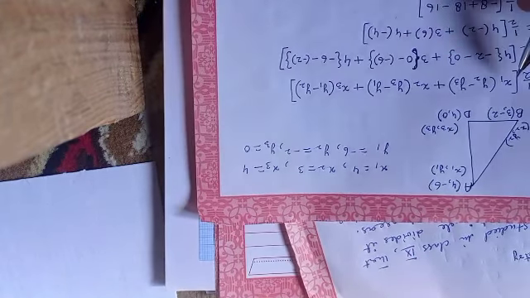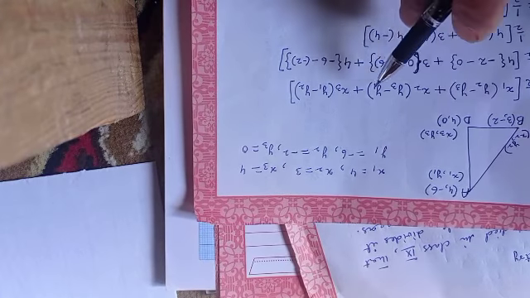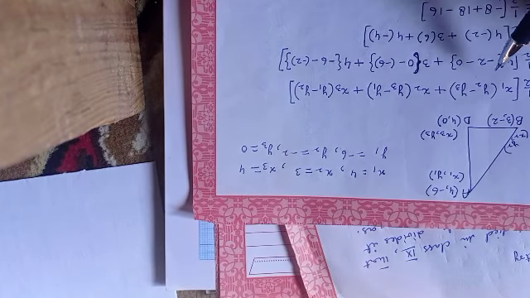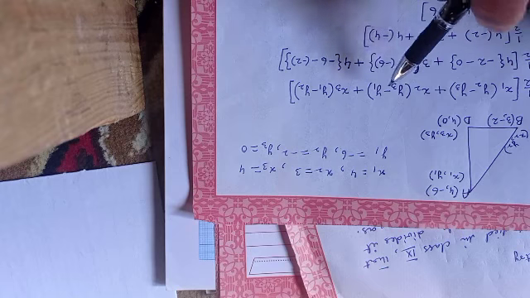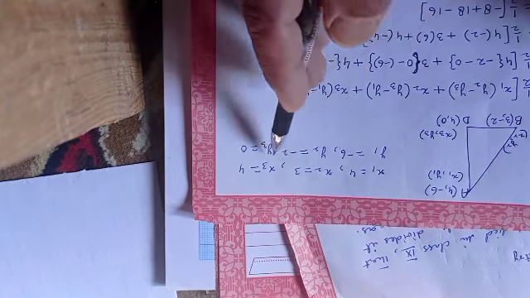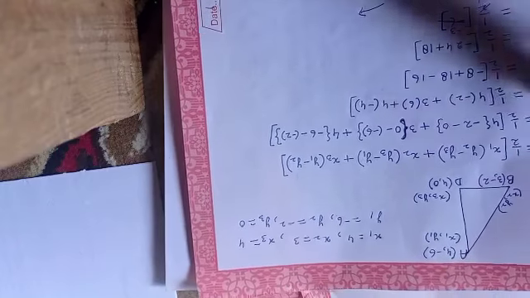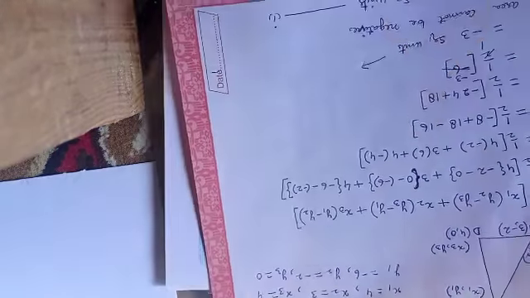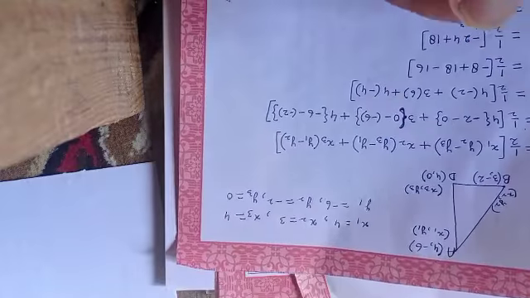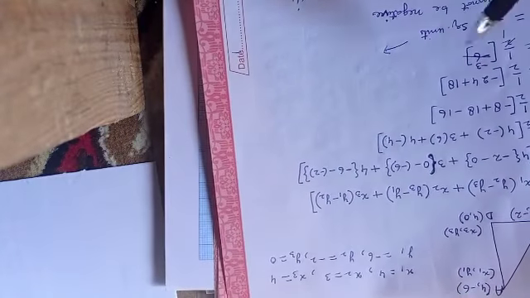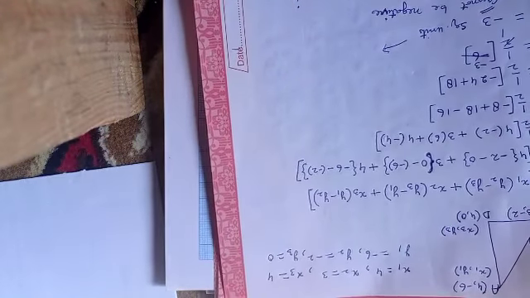So we put the values in place of x1, x2, x3 and y1, y2, y3, and we get minus 3 units. This is the area of the triangle by using this formula. So this is triangle ABD. This is minus 3, but area cannot be negative.